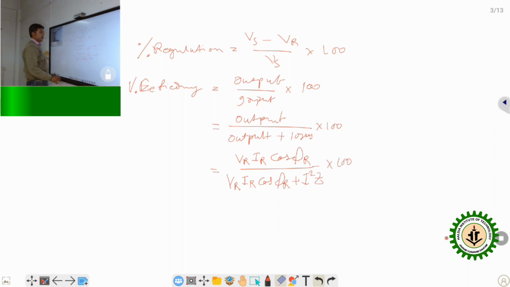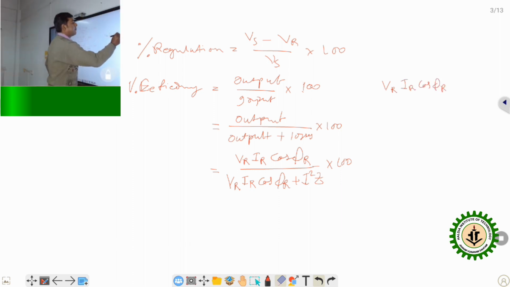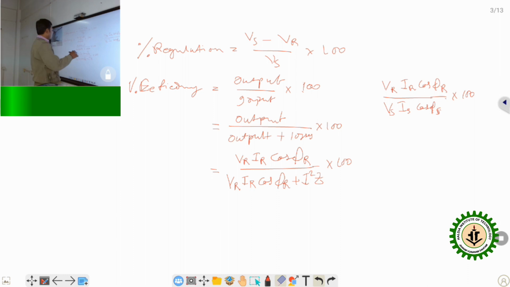Okay. And also we can write in another way. VR IR cos phi r is the output, and input is Vs Is cos phi s, multiplied by 100.